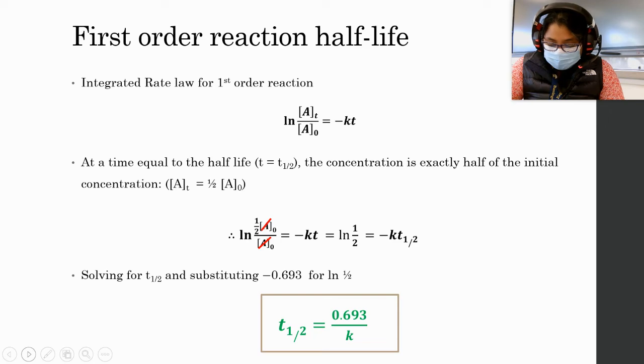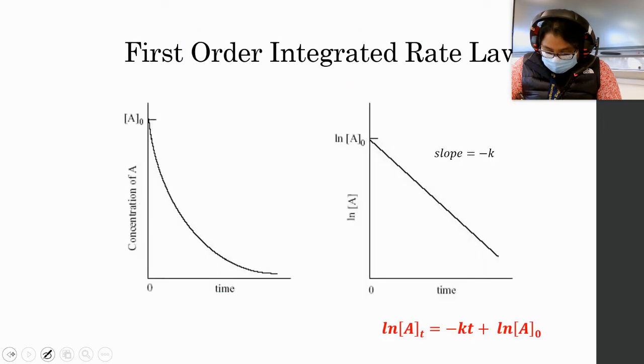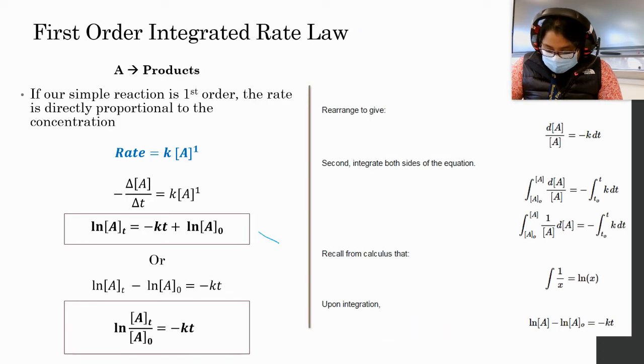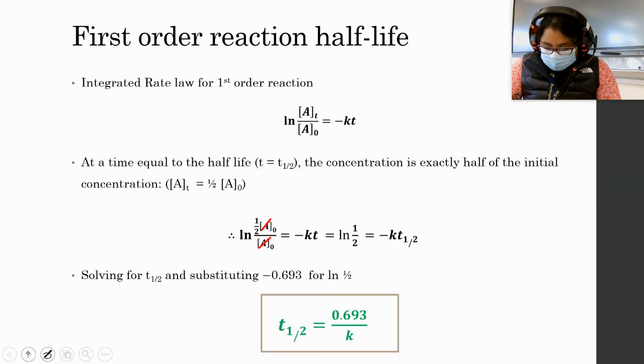This is your rate law for the first order, just written a little differently. You can either write it like this, or you can rearrange it and move your concentration of A at time 0 to the left of the equation, and you get this version of the equation. It's just easier to derive from there.